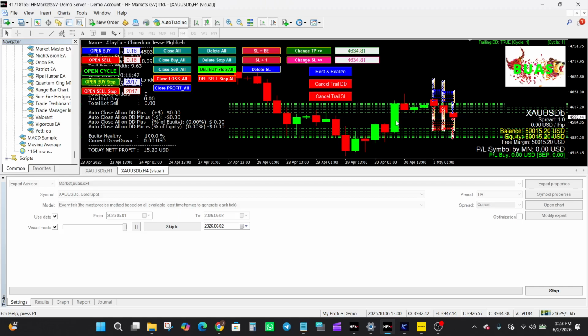Before considering any live deployment, it is very, very important that you test this EA extensively. Okay, and then you are comfortable with the results you see. You can test it across different assets, different time frames, for you to see how it performs across those different conditions, right, before you consider any live deployment.